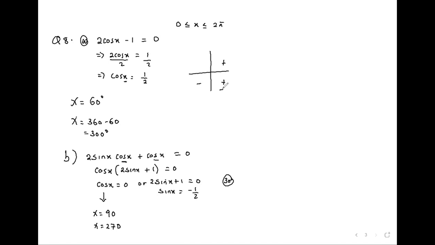So in the third quadrant, 30 becomes 180 plus 30, which gives us 210. In the fourth quadrant, 30 becomes 360 minus 30, which gives us 330. So we have those angles there for everyone.